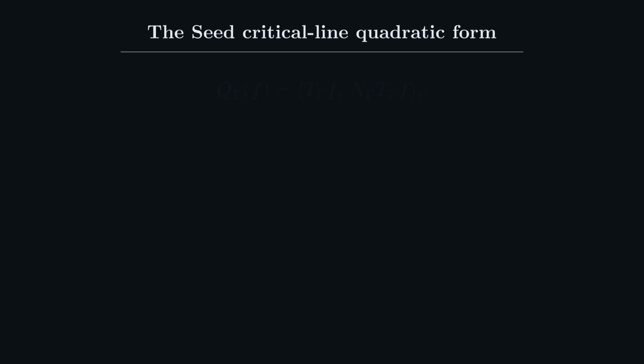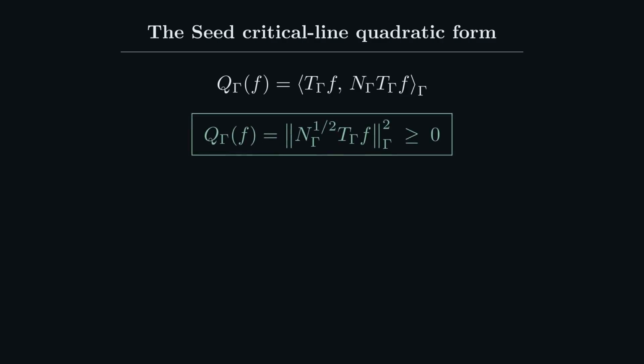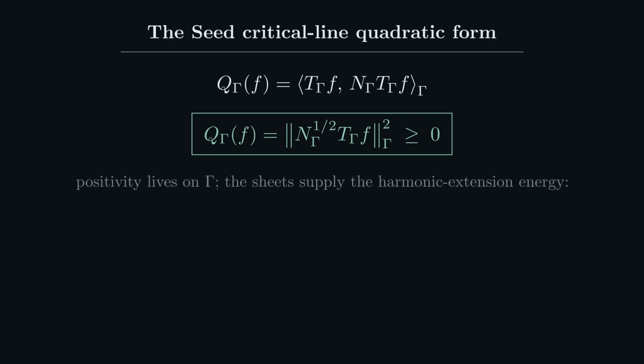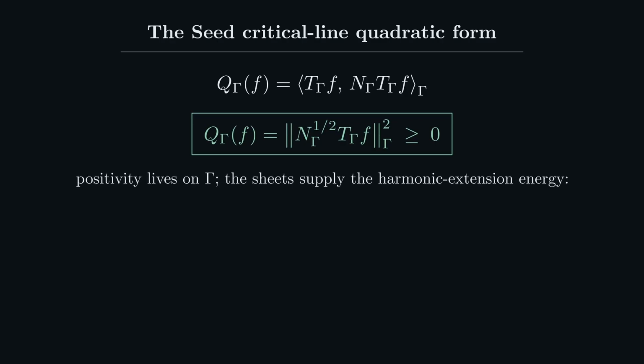All right, so the seed critical line quadratic form, Q gamma of F. I'm going to take this, and we want it to be greater than or equal to 0, because this is sort of like a Weil positivity condition or principle.